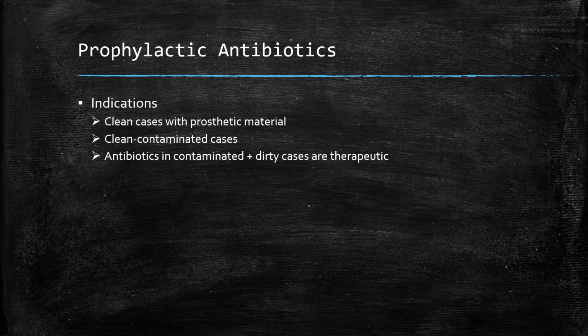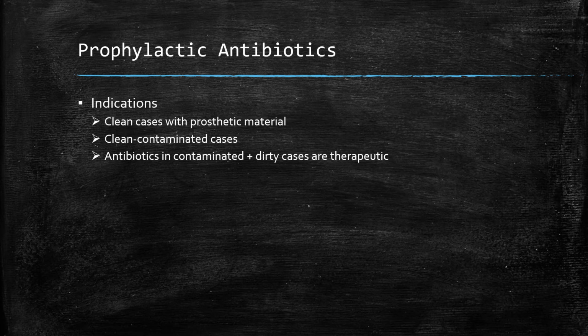Prophylactic antibiotics are an important part of wound infection prevention, but they don't make up for poor technique and bad judgment. In general, a clean case does not require the use of prophylactic antibiotics. However, we make exceptions for clean cases that use a prosthetic material like mesh or an orthopedic implant, because in this situation, the development of an infection can be devastating.